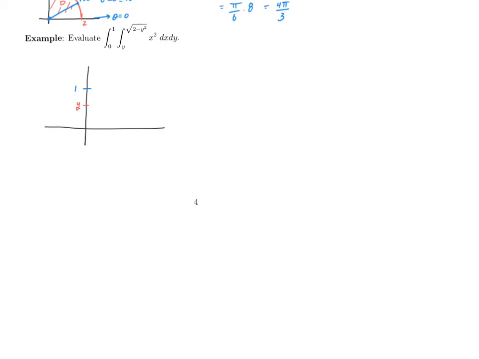Those corresponding x values vary from x equals y to x equals the square root of 2 minus y squared. So a few observations. Note x equals y is a standard line, slope 1, going through the origin.